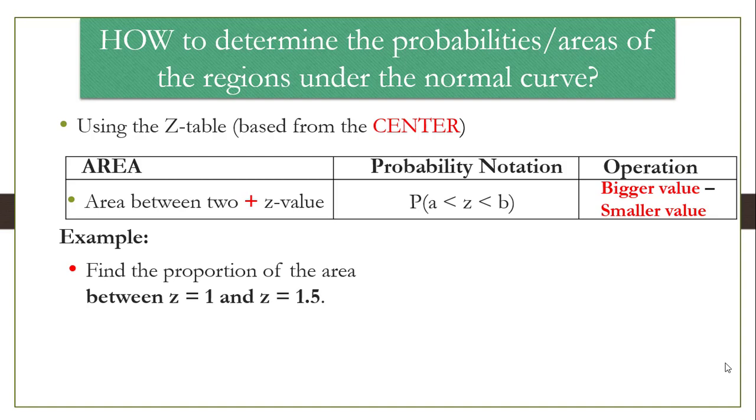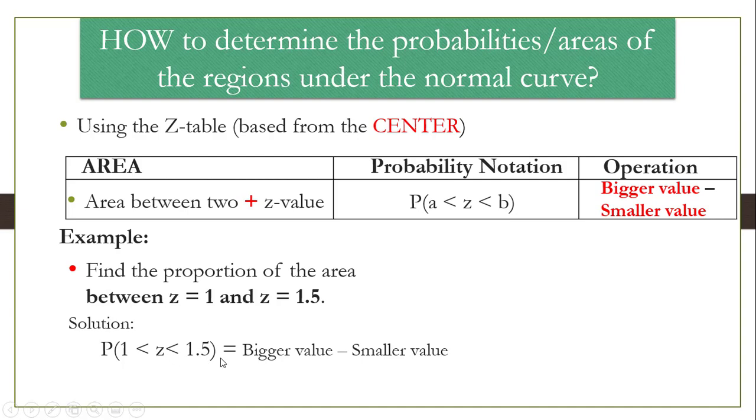Okay? So, let us have an example. Find the area between z equal to 1 and z equal to 1.5. So, the solution for that would look like this. The probability of z is greater than 1 but less than 1.5, because we're talking about between these.